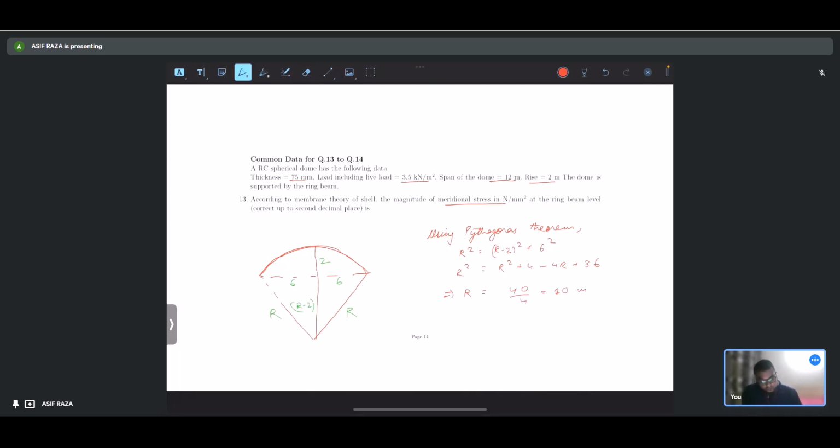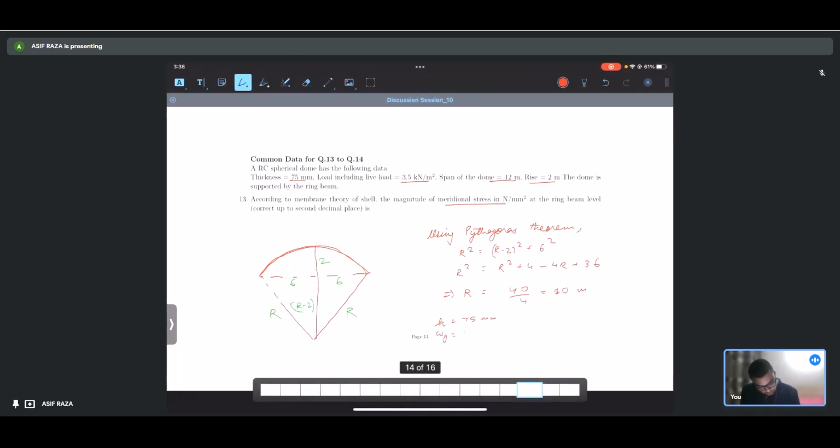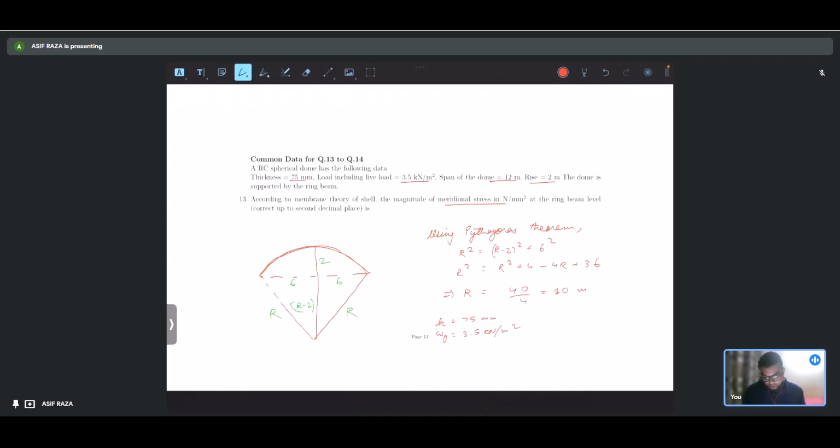Now we are given the thickness as 75 mm, and live load as 3.5 kilonewton per meter square. Let's take it to the next page.